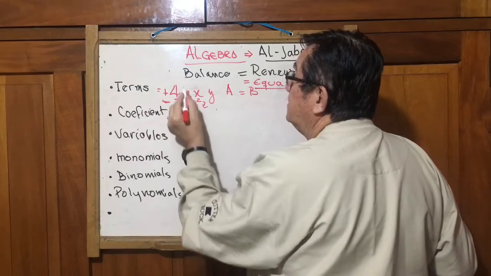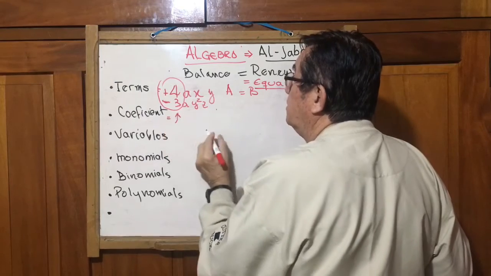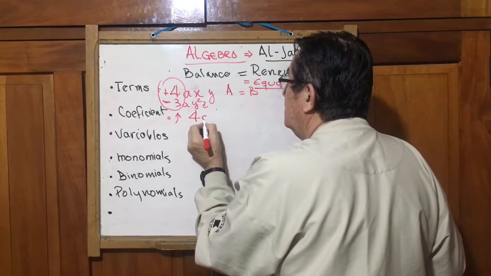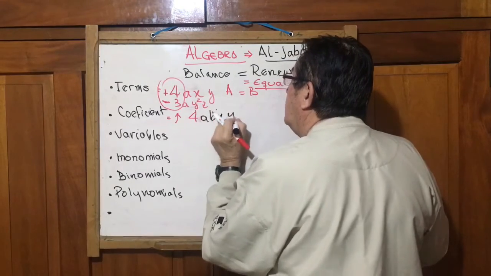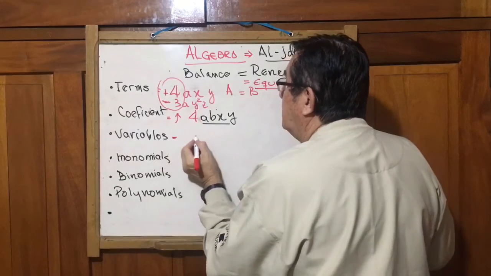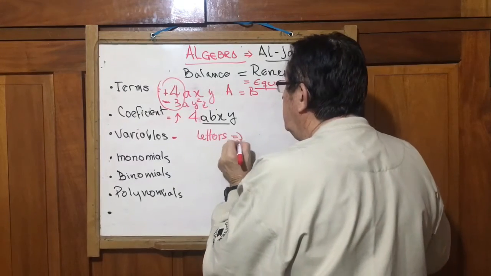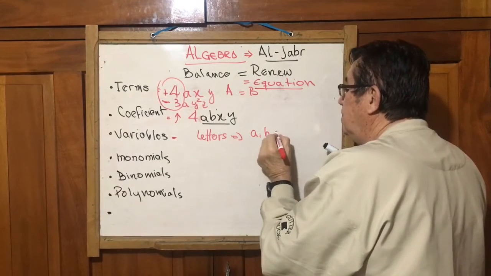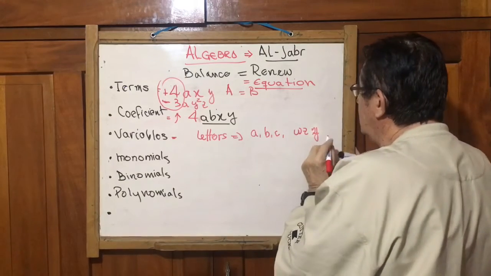All these terms have a number which is called the coefficient. This is called the coefficient. The coefficient is the number that comes before the letter, before the variable a, b, x, y. All of these letters are called variables. Variables are letters that could be any from the alphabet, from the very beginning to the last letters.